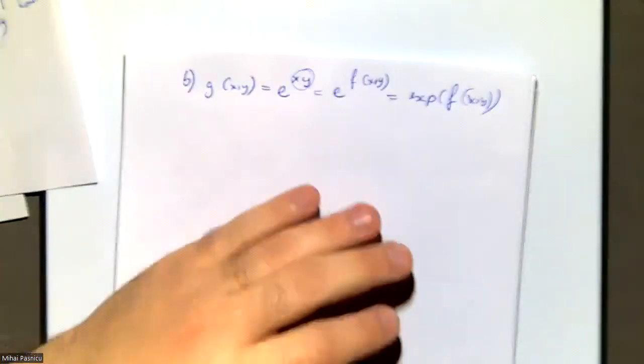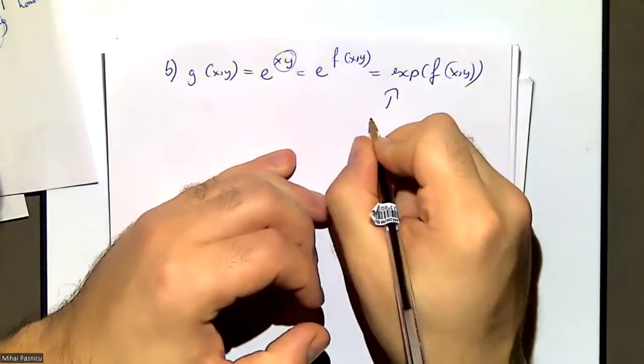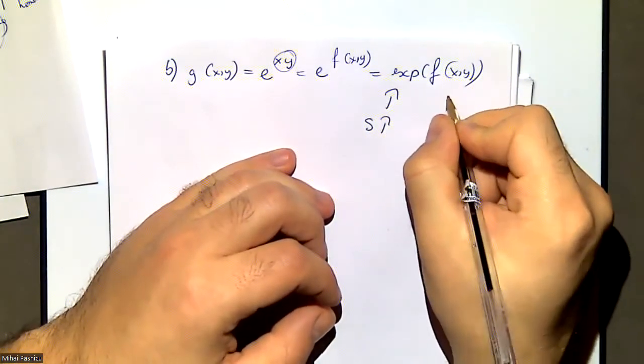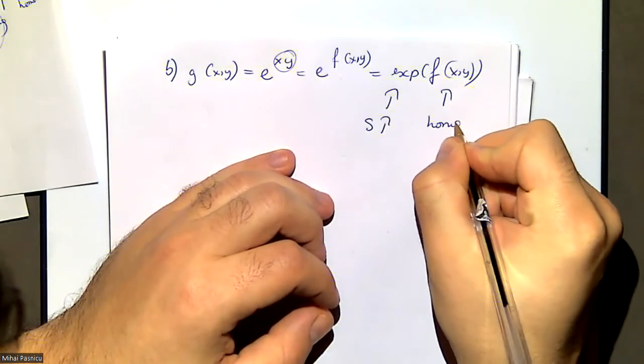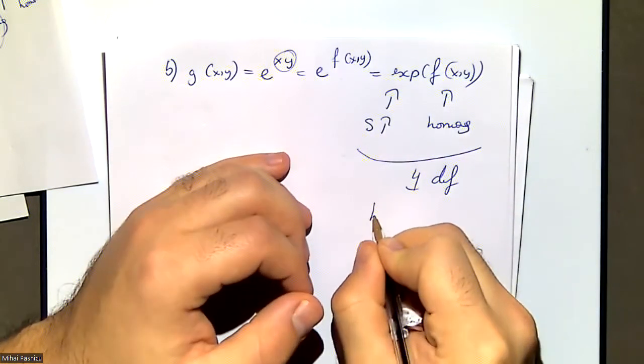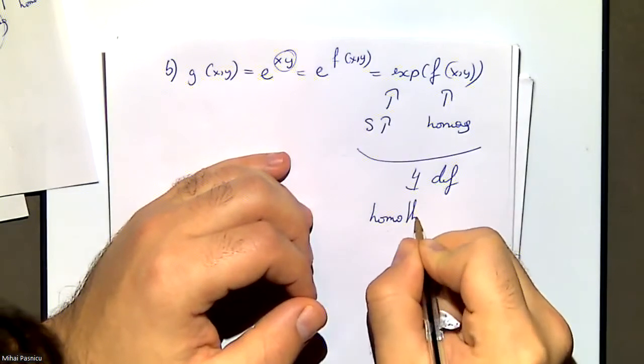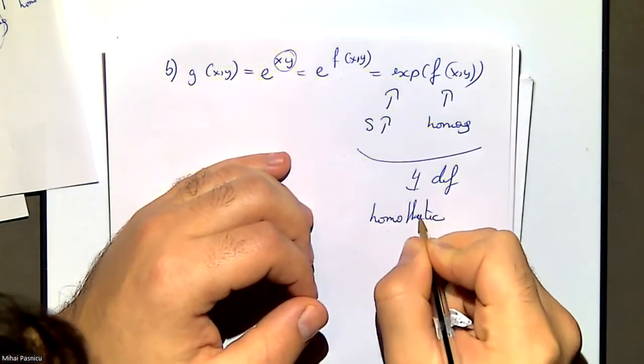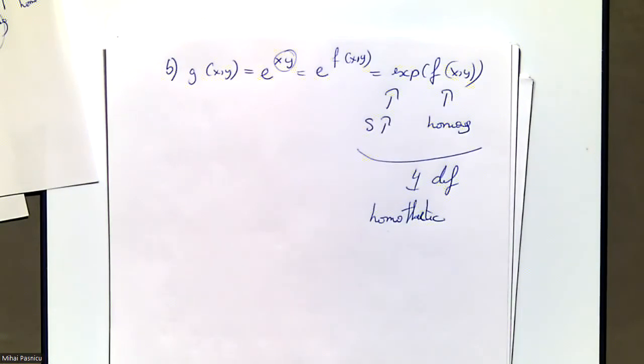And again, same logic, exponential, strictly increasing. This thing, homogeneous, by definition, homothetic. I know it's pretty easy. I just wanted to show you how to prove homotheticity.